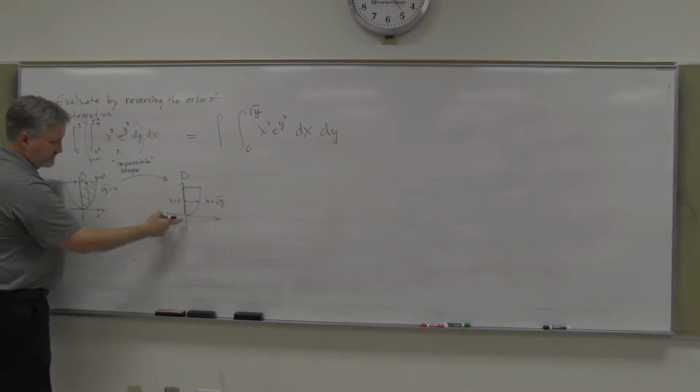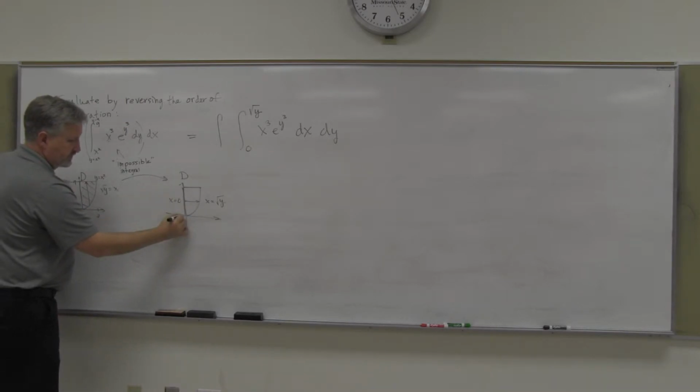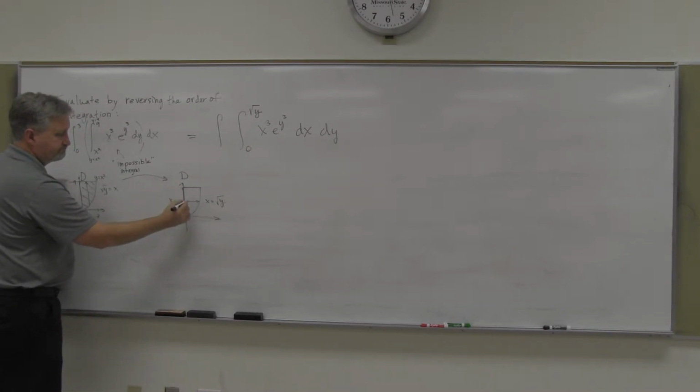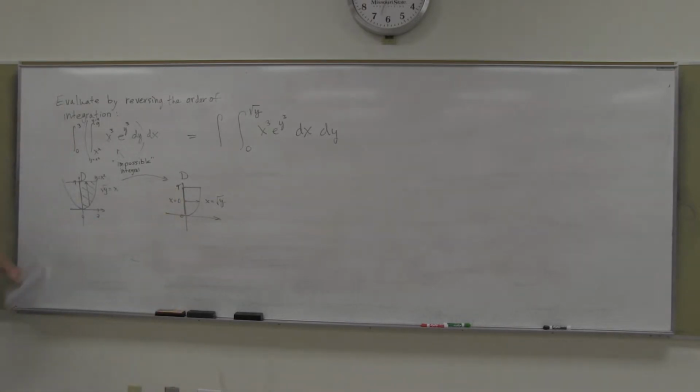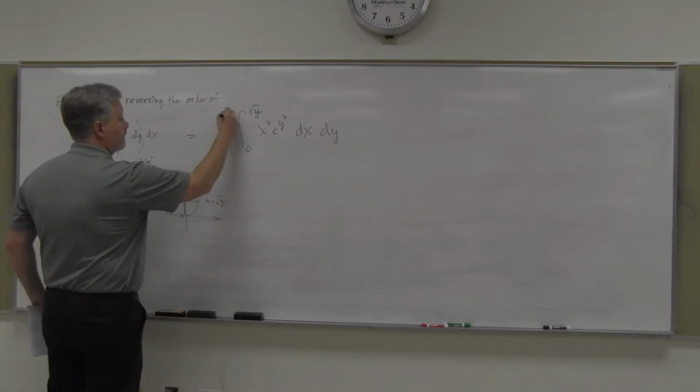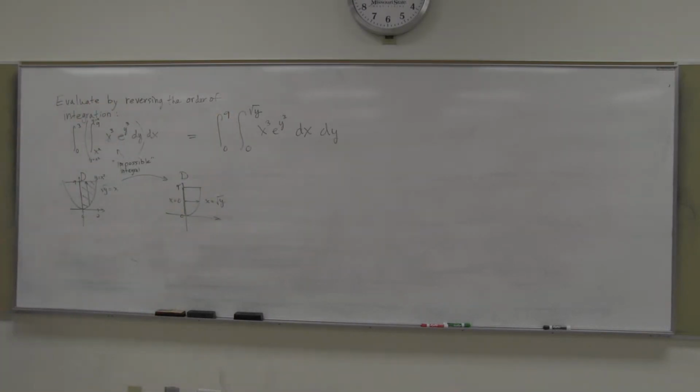Well, that's just a number, so I go from 0 up here to 9, right? 0 to 9. So you see what I did there? Switched it around. So it's not hard, but it's not just an automatic thing.